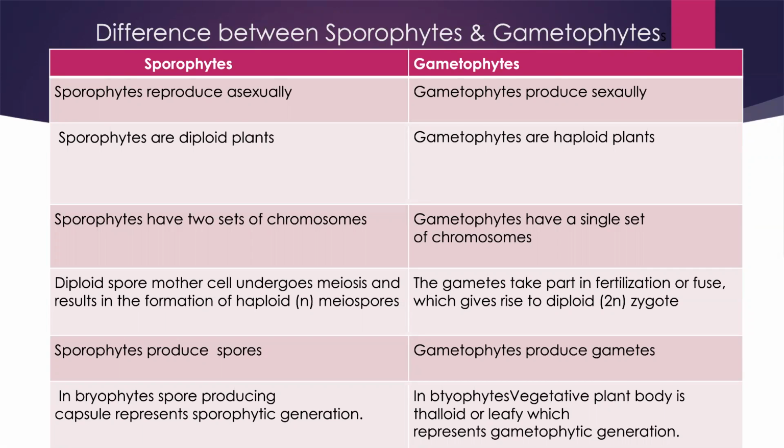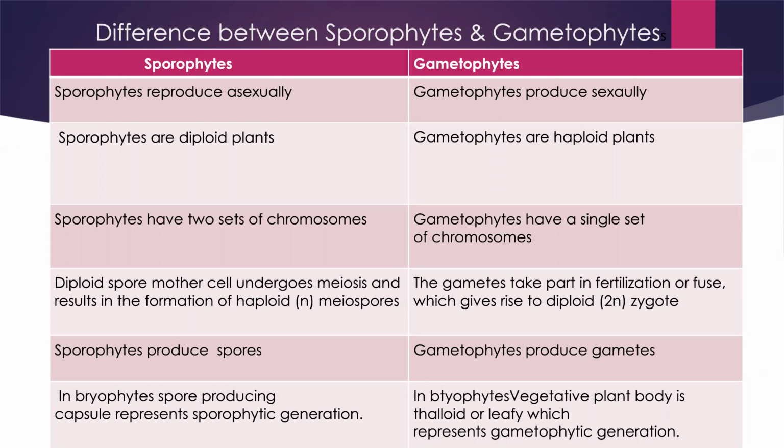Do you know the difference between haploid and diploid? The sporophytes are diploid. That means sporophytes have two sets of chromosomes while gametophytes are haploid. That means they have a single set of chromosomes. Okay, that means the plant body is made up of diploid cells in sporophytes and the gametophytic plant body is made up of haploid cells.